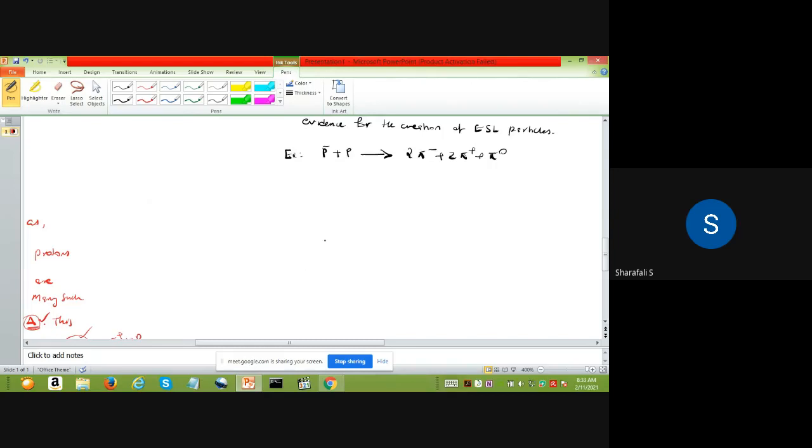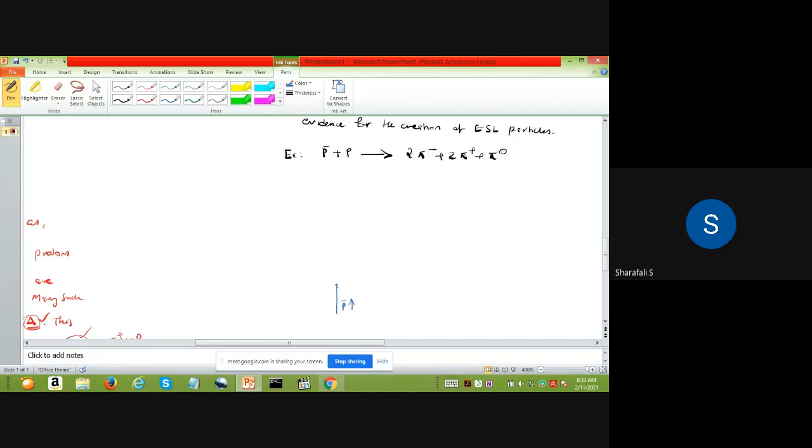let's consider this proton, and this is your antiproton, which is coming in this direction and will interact with that proton.